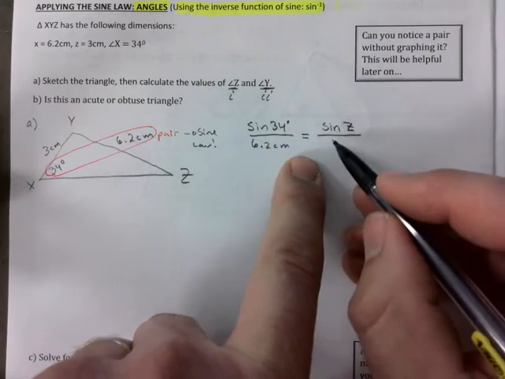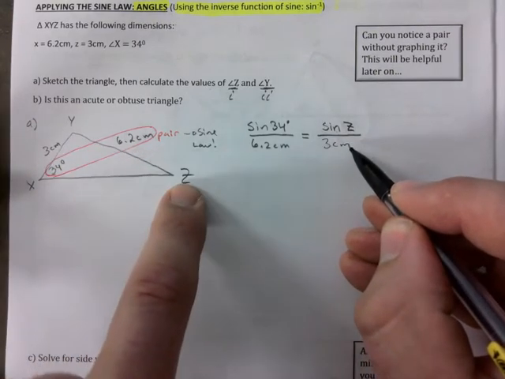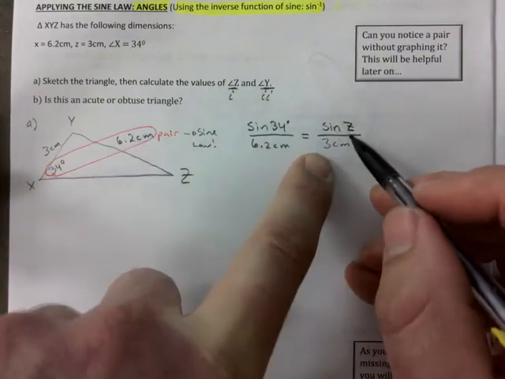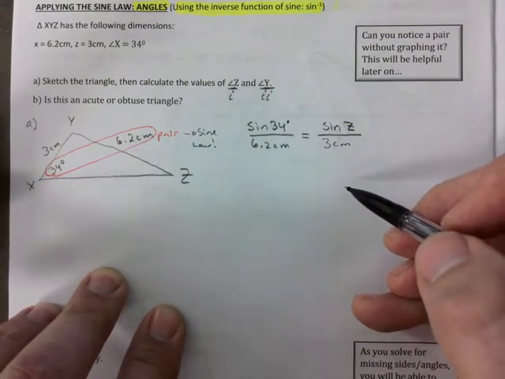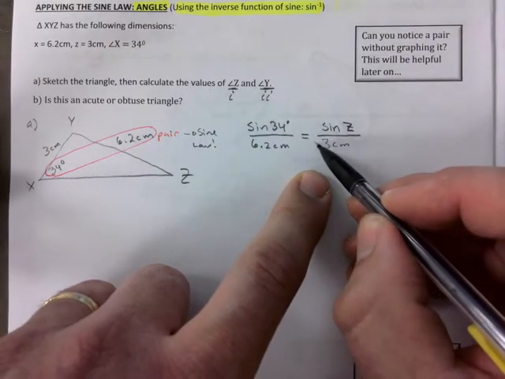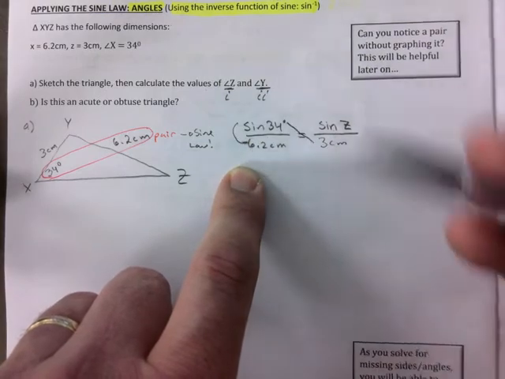Okay? And then down here we have 3 centimeters, right? Because this angle that you're trying to find has a side length across from it of 3. So we set it up like that. So the start is exactly the same as before, but watch this. You cross multiply up and you divide going down.